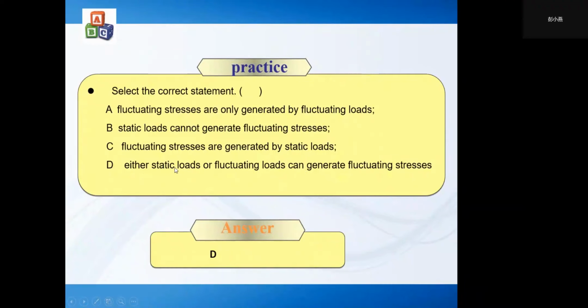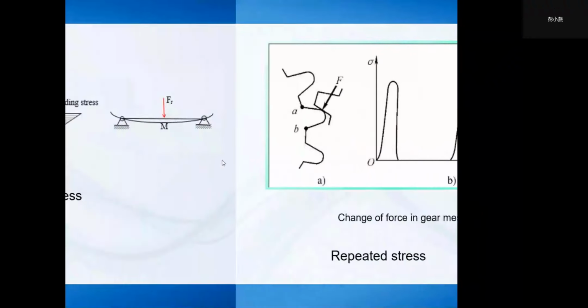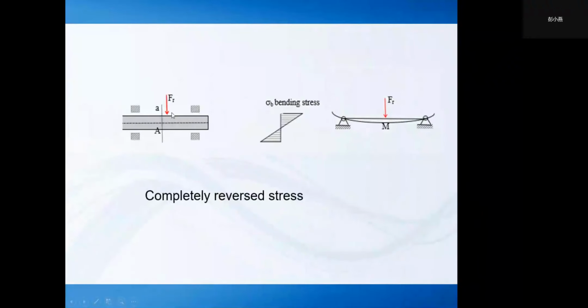D is correct. Can you please explain why B is not correct? Static loads cannot generate fluctuating stresses. We have this example. This shaft is subject to a static load.